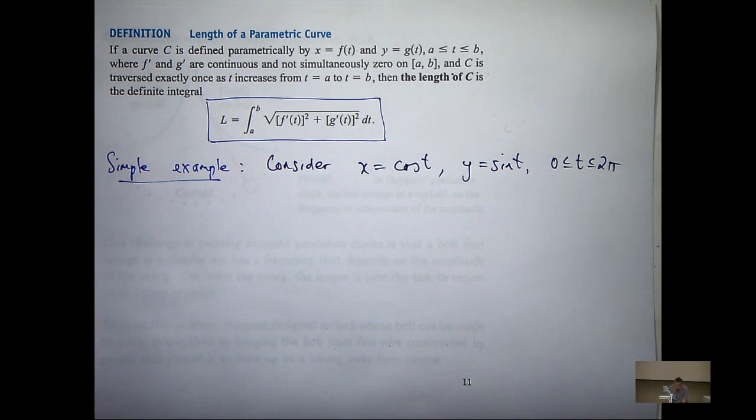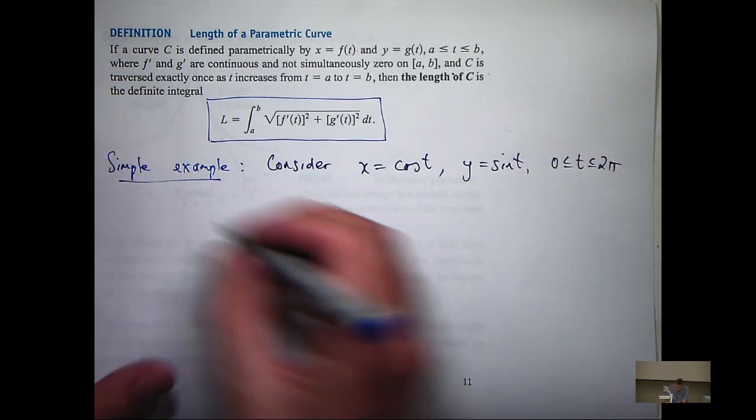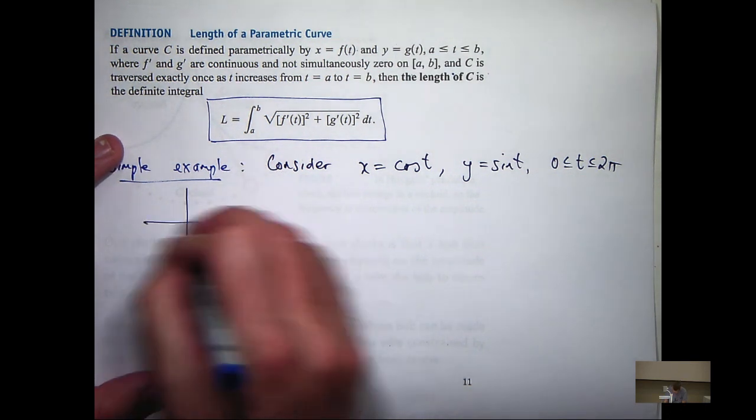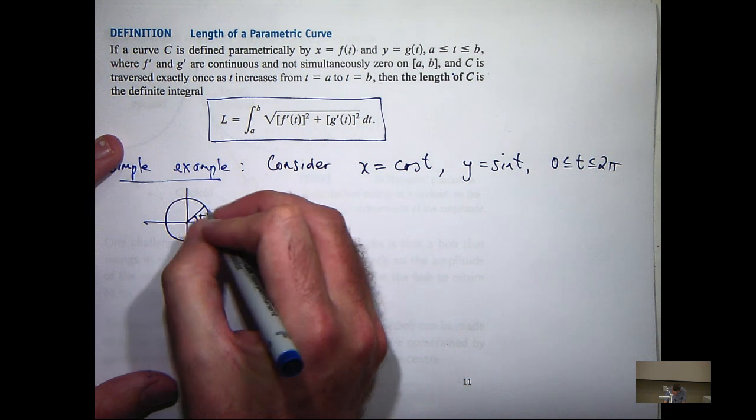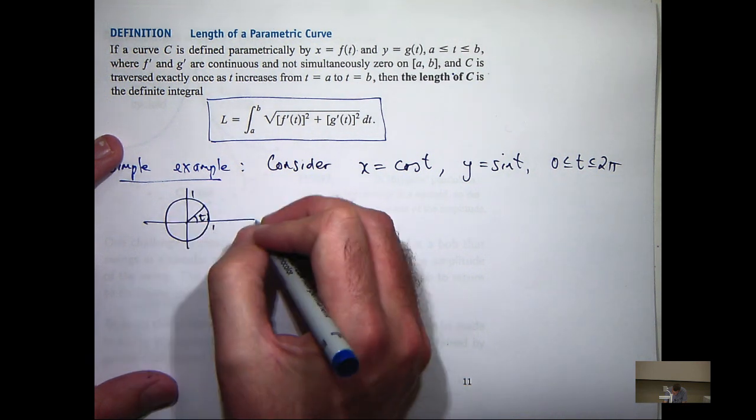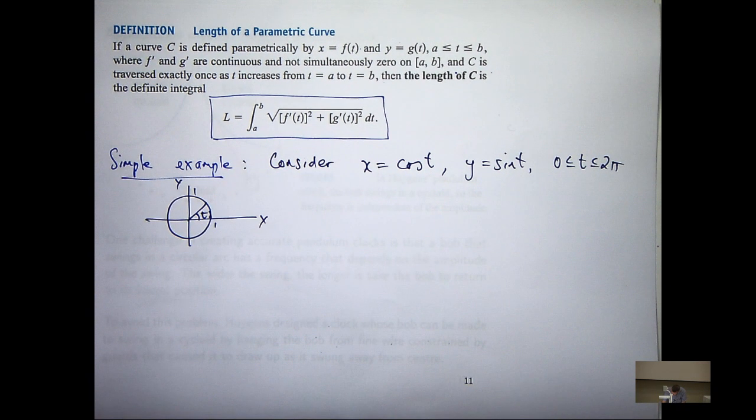Anybody know what the curve is? It's a circle, right? It's a circle with radius 1. And the parameter t is just the angle to the positive OX axis, and the circle's drawn out in an anti-clockwise direction.